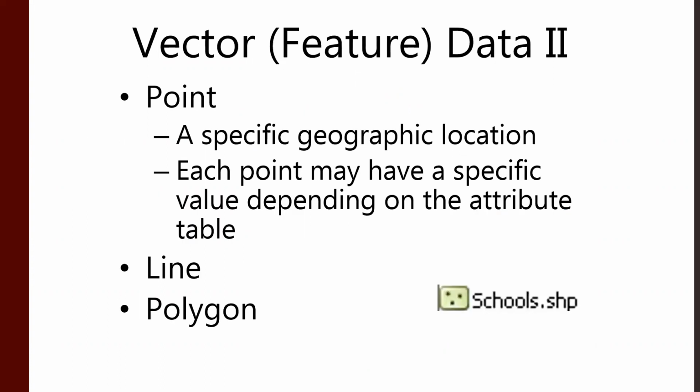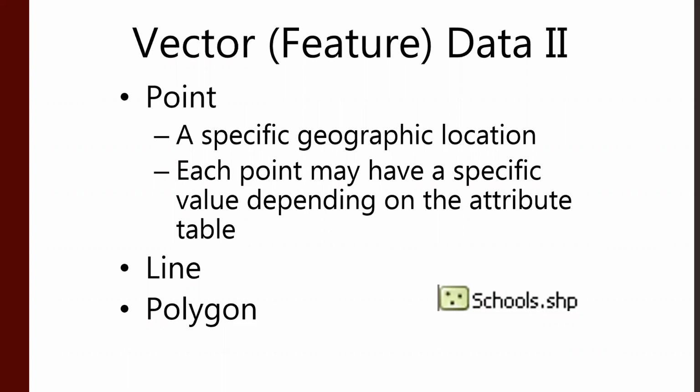Points are locations. So in this case, we could have schools, location of schools. Here's the XY coordinates. XY means that we have an X coordinate and a Y coordinate. We put those coordinates together, connect it with some kind of coordinate system. Pretty cool.